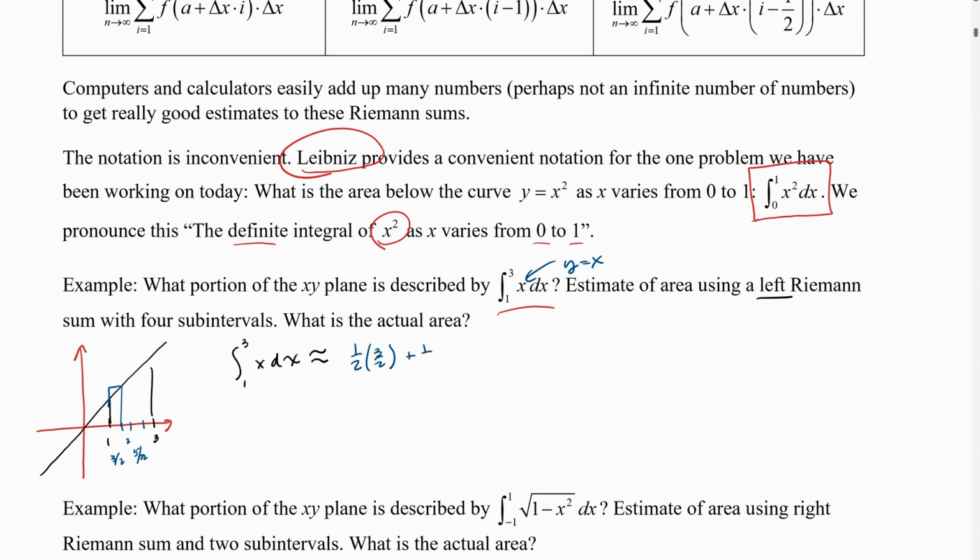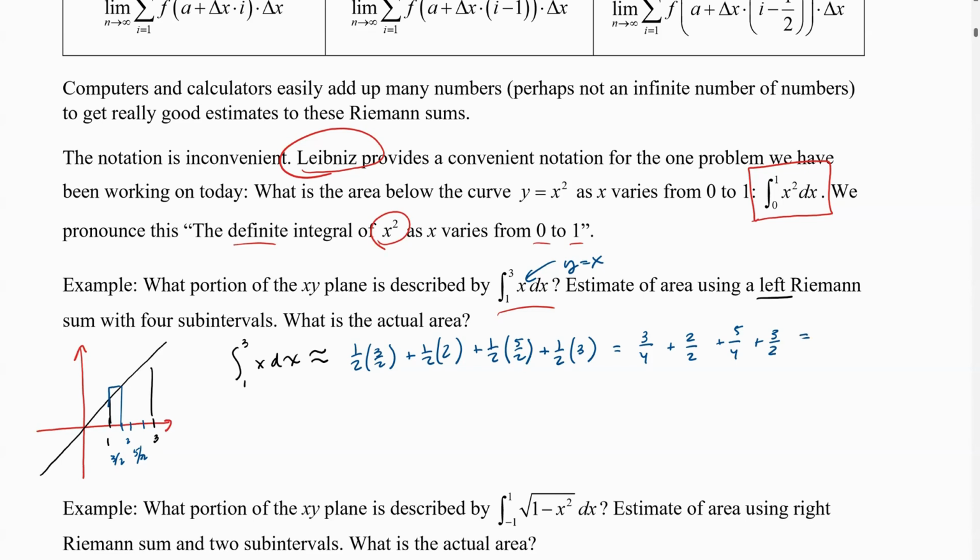My second rectangle, how wide? 1/2. How tall? 2. My third rectangle, how wide? 1/2. How tall? 5/2. And last rectangle, how wide? 1/2. How tall? 3. So this ends up being 3/4 plus 2/2 plus 5/4 plus 3/2.